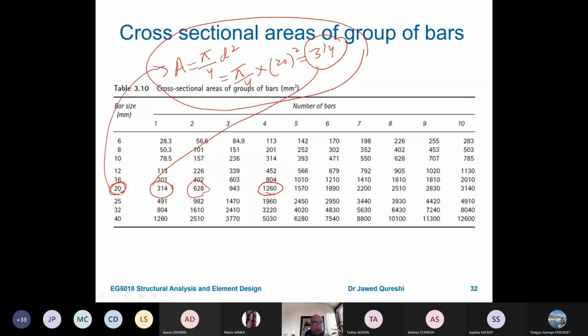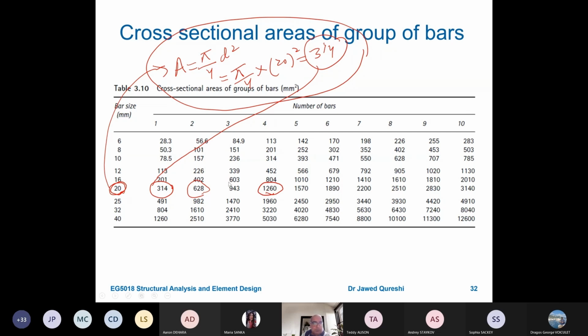So as close as possible, but certainly you are limited by the number of bars. The other option, the closest option, could be 3 number 25 bars, but it will give you quite a high area. So the reasonable match could be this one, 1260.